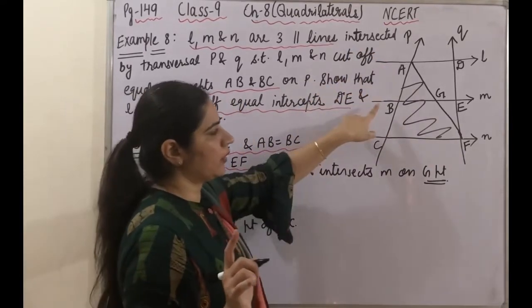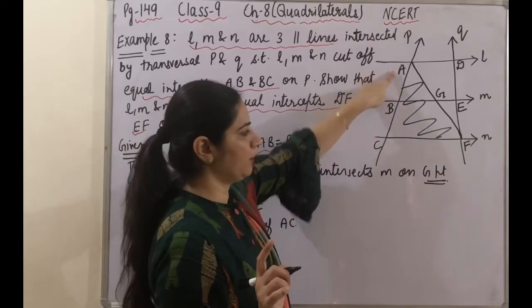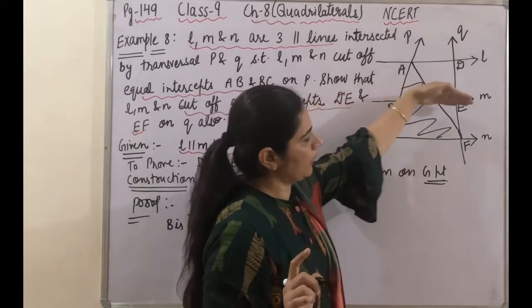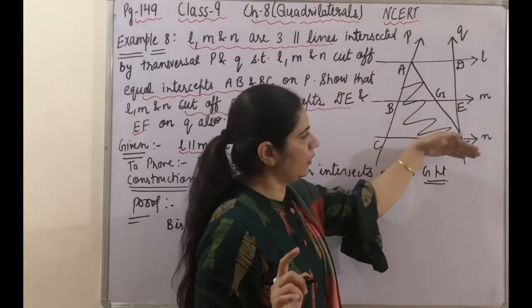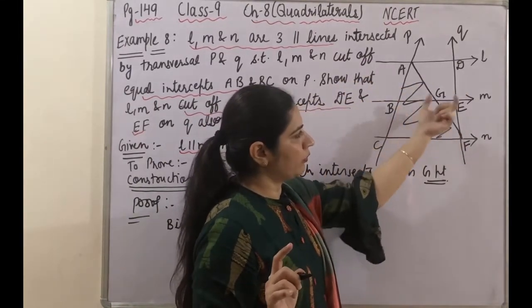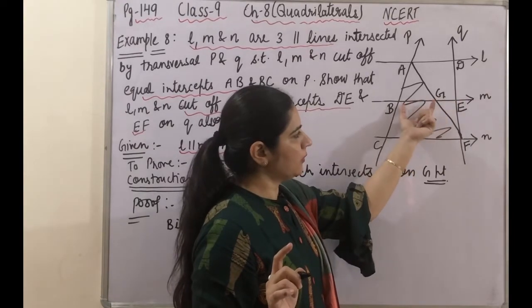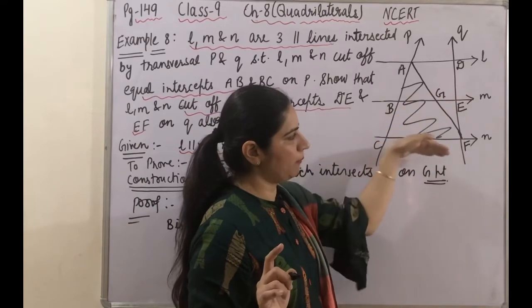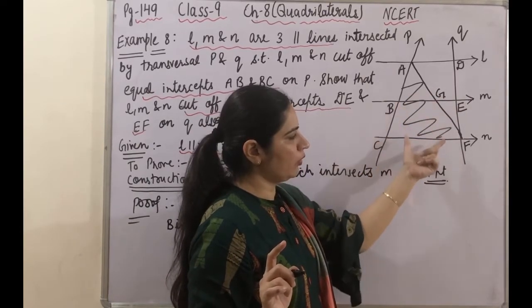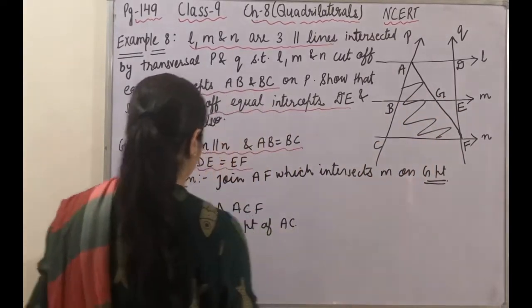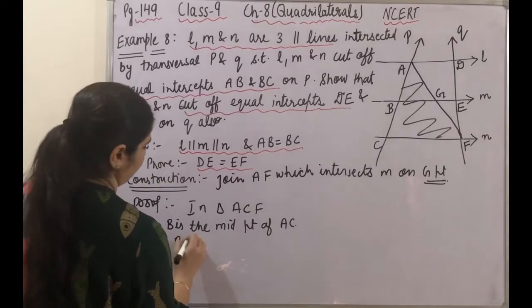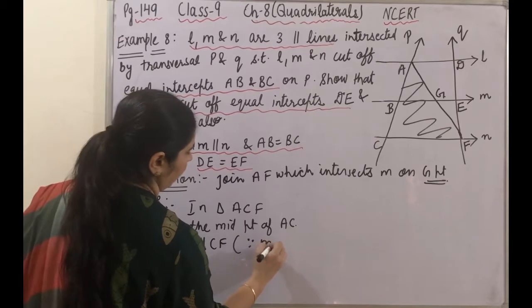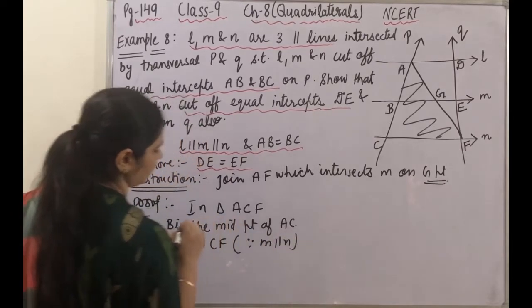It means I can use here that B is the midpoint of AC. One more thing is given. If the complete line is parallel to this line, BG is a part of this line, so I can say BG is also parallel to CF. These 2 lines are parallel, so the part of the line will also be parallel, and I can write BG is parallel to CF because M is parallel to N.